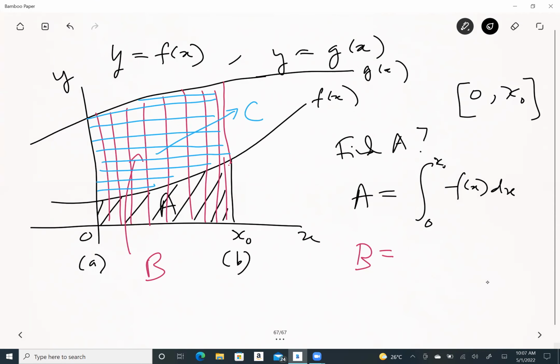So the area B is the integral from 0 to x0 of g of x. That is B. Now we want to find C. How can we find area C?